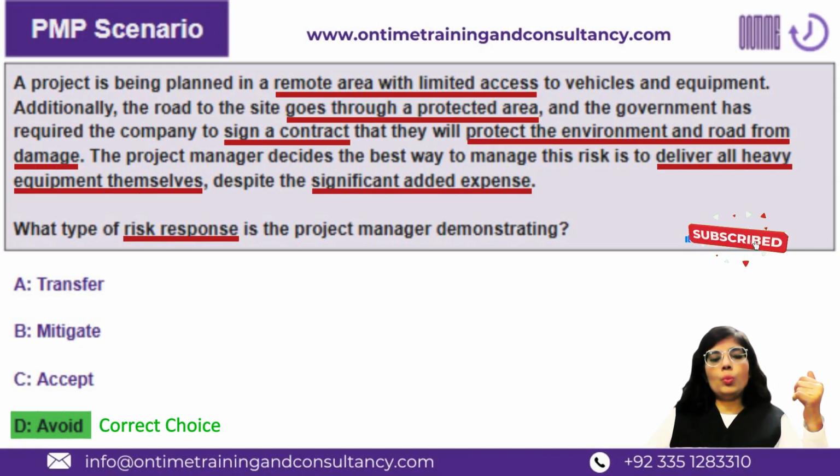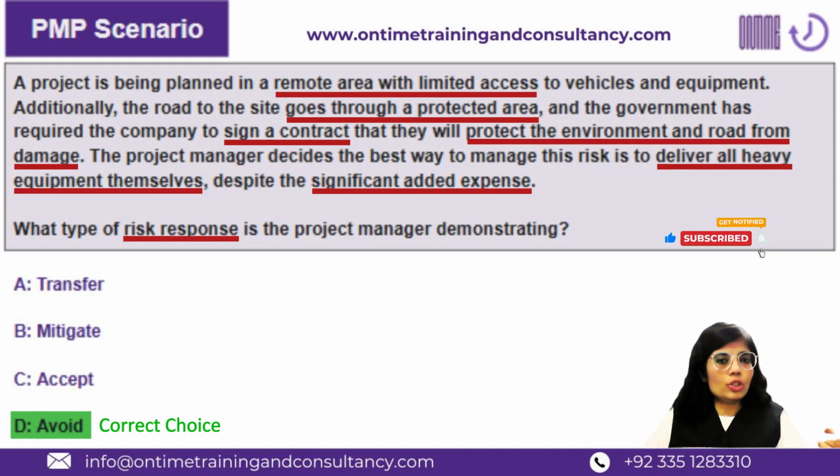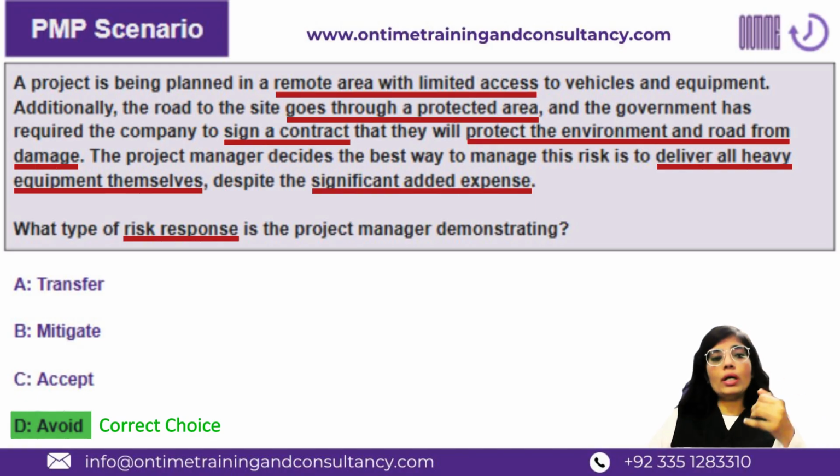So what does the avoid strategy talk about? Avoid strategy talks about exactly the same thing: do whatever it takes to make sure that the risk does not occur. You are avoiding the risk. You are making the probability of the risk equivalent to zero. So the project manager is doing everything possible.